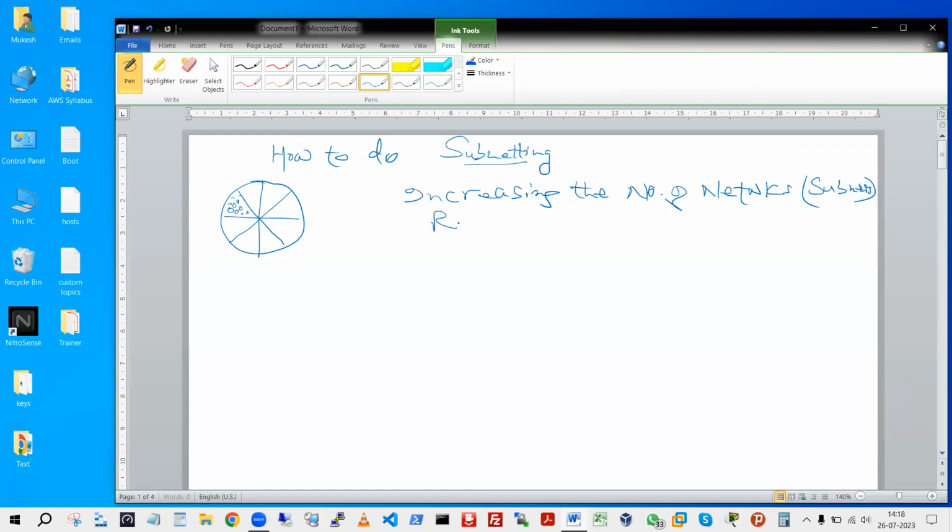We are reducing. Subnetting is reducing the number of hosts per network or per subnet, right? This is subnetting.